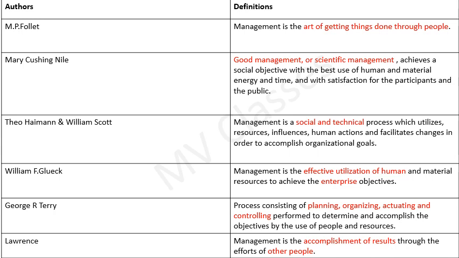The next one is Mary Cushing Niles. She gave the definition that good management or scientific management achieves a social objective with the best use of human and material energy and time, and with the satisfaction for the participants and the public. Mainly the core meaning of management is also the same, managing human, technical and financial resources.